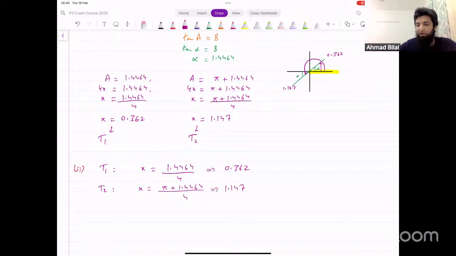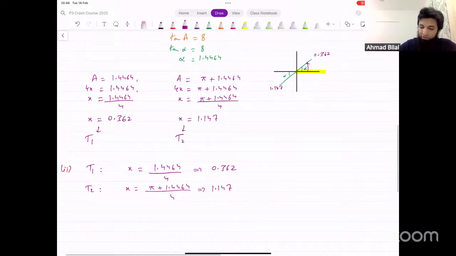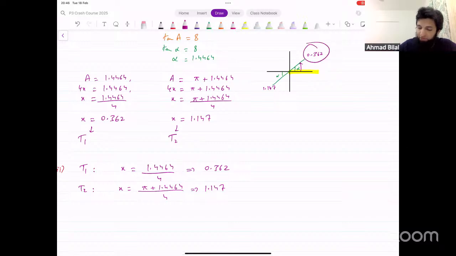How are we going to get to the next angle after this? We add pi more to the previous one, right? 180 degrees, pi radian more, you get to the next one. And then for the next one, you add pi more like this. So this is the first angle, 0.362. For the next one, you add pi. For the next one after that, you add another pi, then another pi, then another pi.